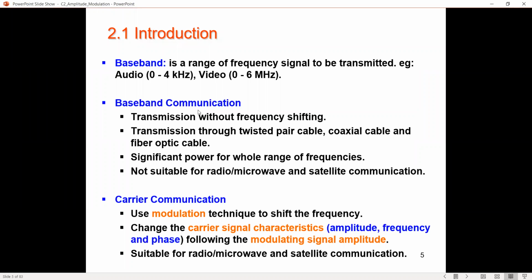Baseband communication does not involve frequency shift, but this is not practical for our commercial world, because it uses a very wide frequency range, and it's also applicable only for wired or cable transmission. But the most common is using carrier communication, where we use modulation to shift the frequency.